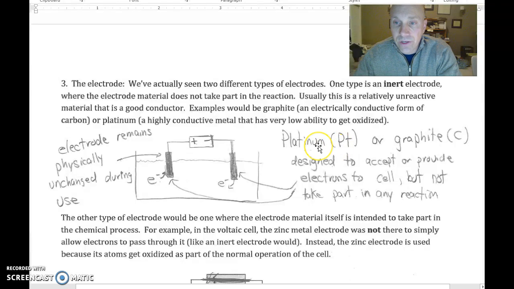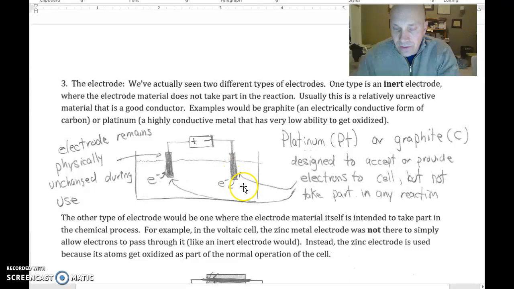Well, if you want it to stay shiny, you want it to basically not react with the materials in the environment. So that same property is what makes platinum a good inert electrode. All it does is allow electrons to flow through it.